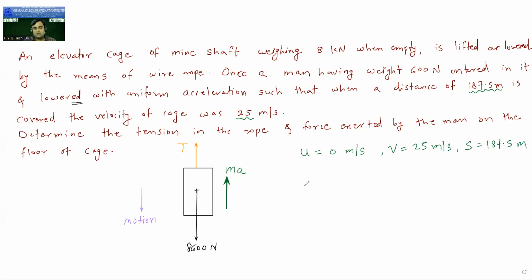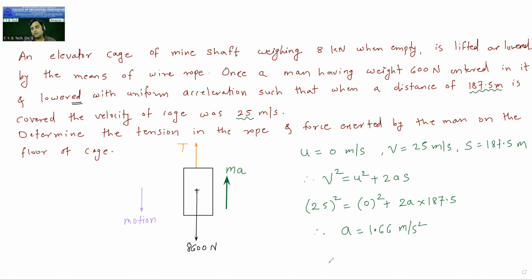Okay, so now if I use the equation v square is equal to u square plus 2as, then v square is 25 square, u square is 0, plus 2a into s is 187.5. So therefore, if you solve this, you will get the value of a, and it is 1.66 meter per second square. Check the value.